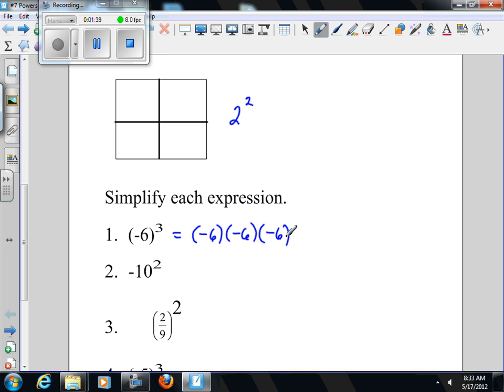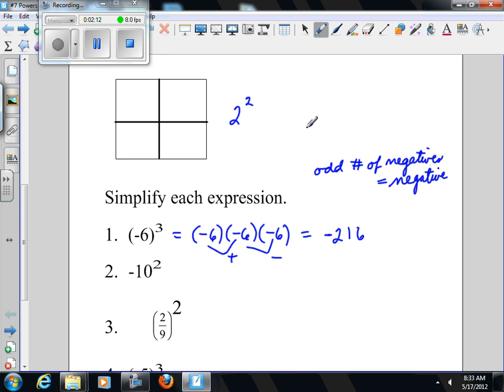So we want to think about this. First of all, we can do 6 times 6 times 6, which gives us 216, but now we have to decide on the sign. Well, a negative times a negative gives us a positive, but times a negative again gives us a negative. And actually, when we have an odd number of negatives, that gives us a negative.